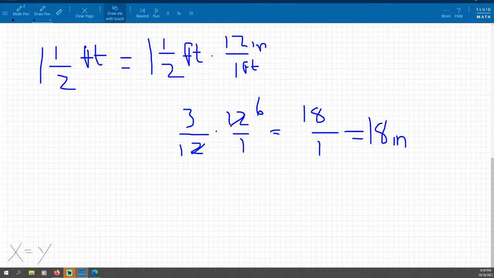So the next part of the problem is to determine how many notebooks will fit by dividing the height of the shelves by the thickness of each book. So our books are 1/2 inch thick. So we have 18 inches. We want to know how many 1/2 inch books can fit into 18 inches.